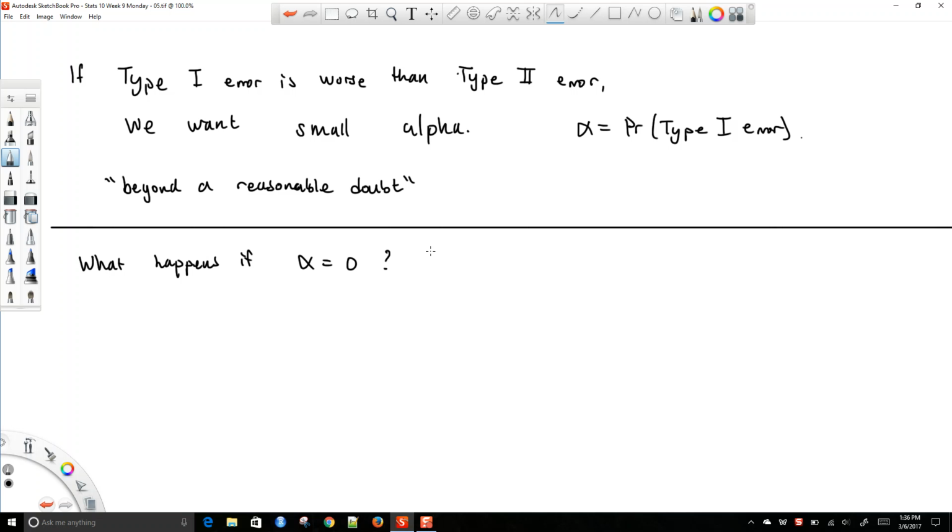What's the only way you can have type 1 error be 0 if you're a judge? Well, if you say, I never want to convict an innocent person, the only way you can absolutely be sure of that is to never convict anyone.